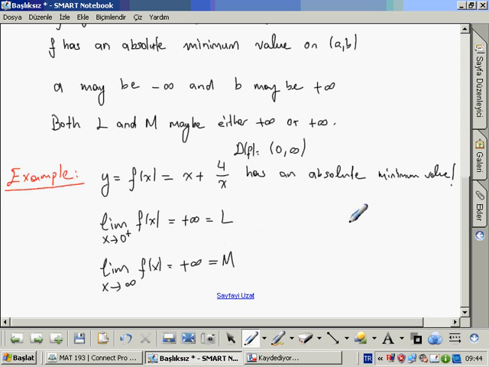So we can find numbers which are less than L and M, because the L value and the M value are infinity. So for example, at x equals 1, f of 1 is 5, which is less than infinity.